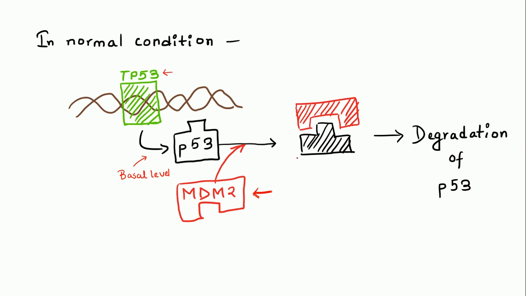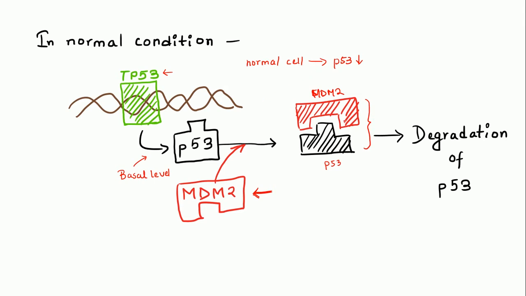What it does, it binds to p53. This is p53 and this is MDM2. So MDM2 binds to p53 and makes it degrade. So the p53 in a normal cell, levels are very low because MDM2 is degrading it.